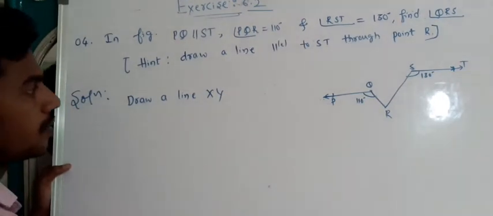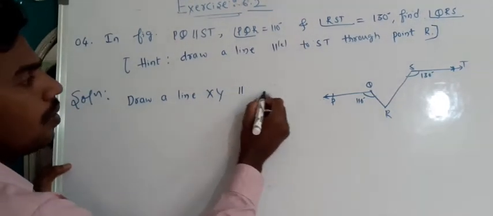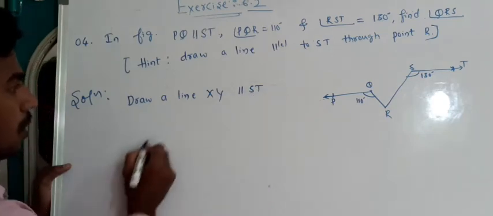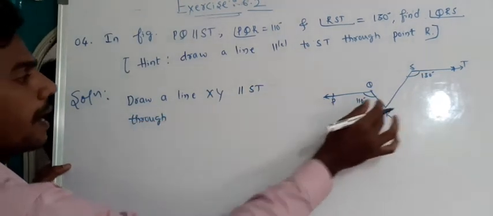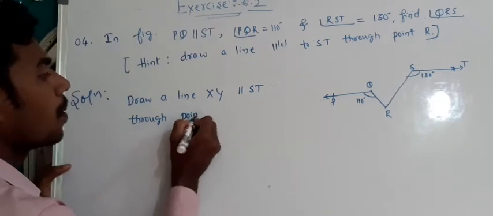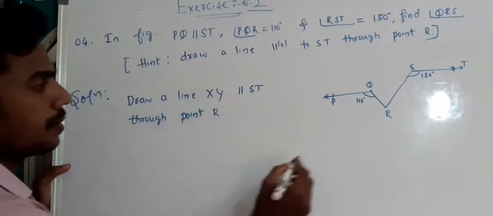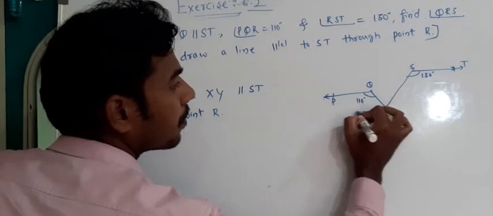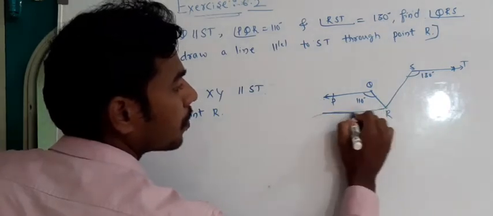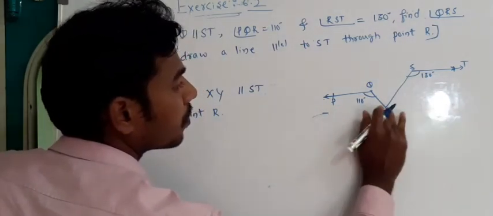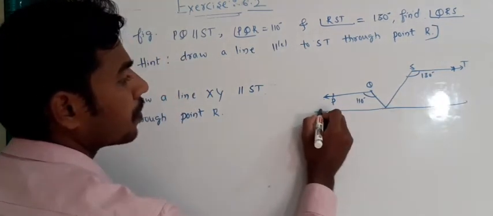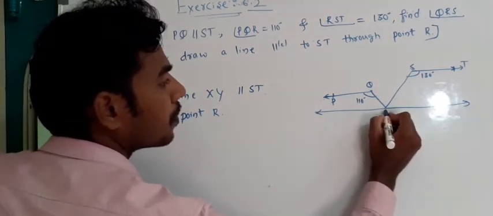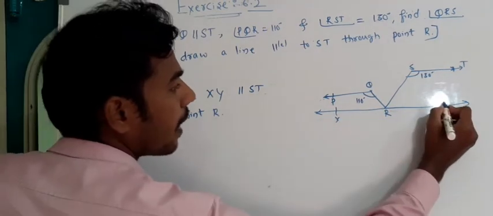Draw a line XY parallel to ST through point R. So I'm drawing. This is X, this is Y.